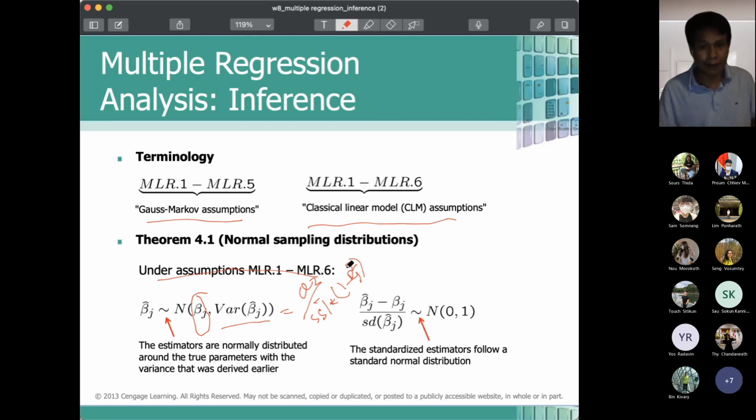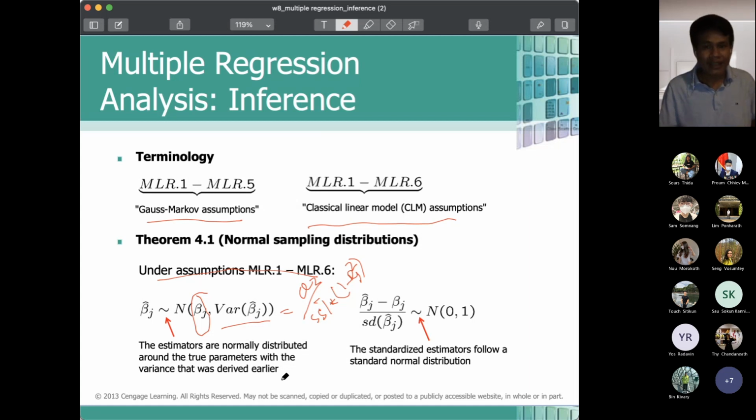That is the variance of beta_j hat from last week. So again, if the classical linear model assumptions hold, we believe that the estimators are normally distributed around the true population parameter, with the variance that we derived earlier, which is unbiased and correct.